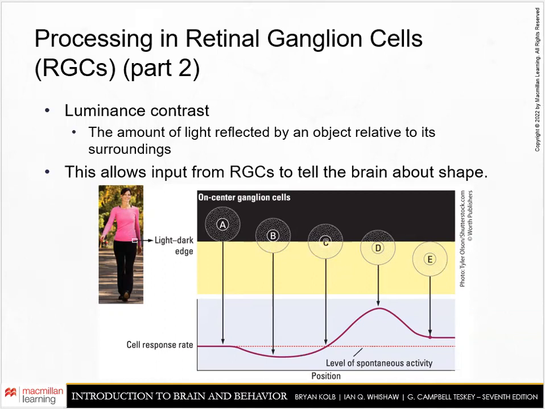So information that's transmitted from retinal ganglion cells to the visual areas of the brain does not give an equal weight to all visual field regions, and instead it emphasizes those regions containing differences in luminance. So these are the areas that are along the edge. In essence, these retinal ganglion cells send signals about edges, and the edges are used to form the shapes.